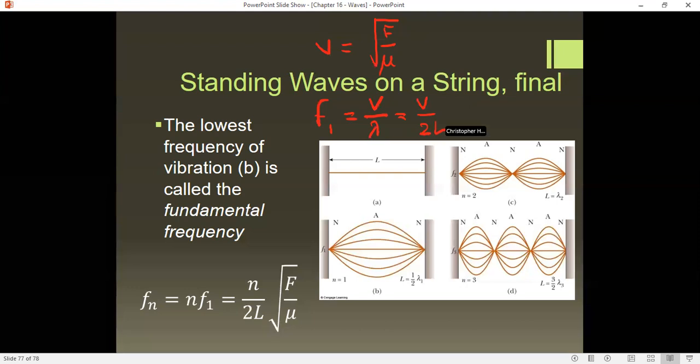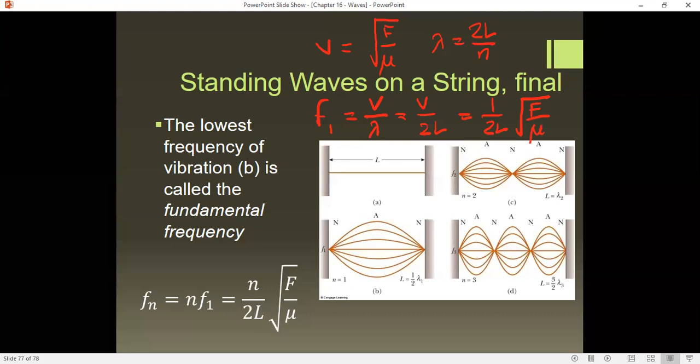So if I substitute in here, I get 1 over 2L times the square root of the tension divided by the mass per unit length is equal to my fundamental frequency. If I want to change, the wavelength is 2L divided by n.